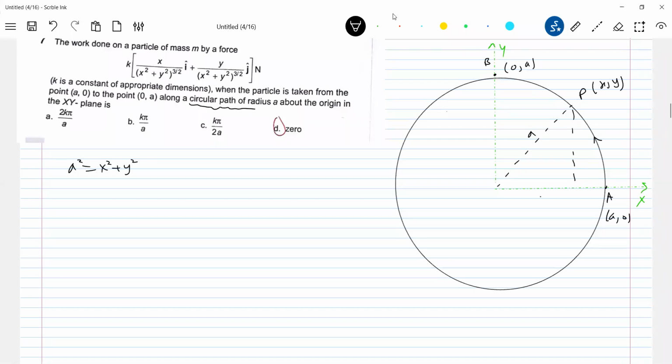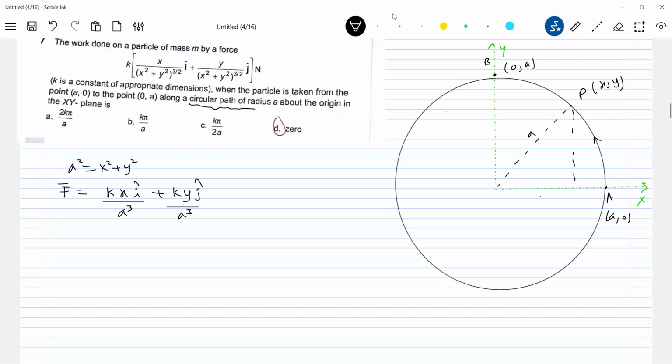So the total force now we will make of the form k(x i cap + y j cap) times a cube. K is a constant of appropriate dimensions. Circular path of radius a about the origin in the xy plane, but where is the displacement?